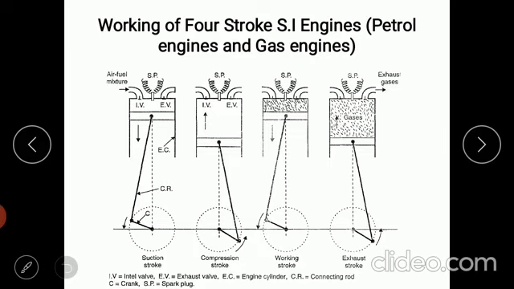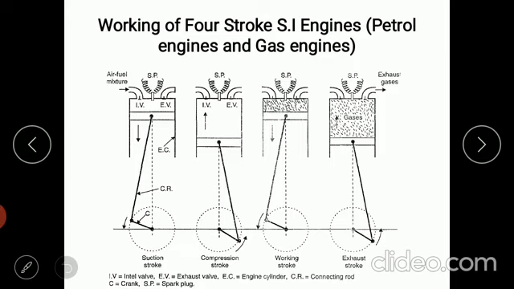The spark plug produces a spark that initiates combustion. Because it is a homogeneous mixture, the flame front gradually moves from TDC to BDC. Because of this combustion, gases will tend to expand. The piston experiences that gas force, and these gases push the piston from TDC to BDC.